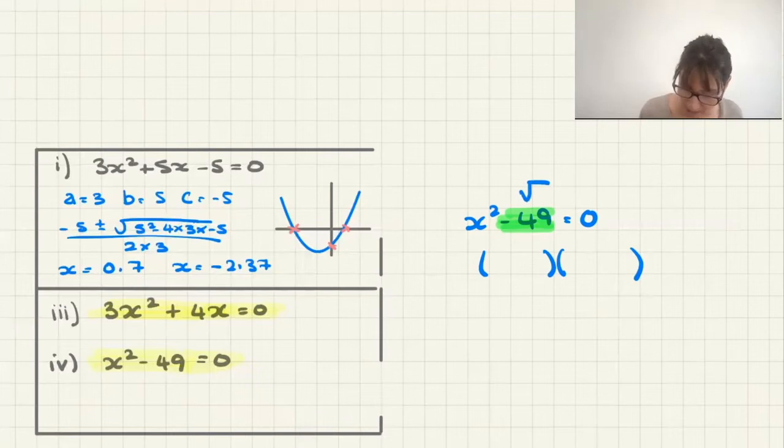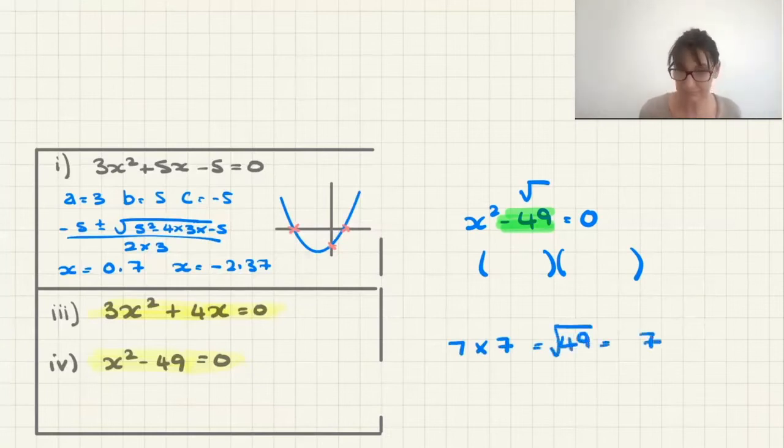Now, when I think about making that 49, 7 times 7 is 49. And if I square root 49, it's 7. That's what I understand about my squaring and my square rooting. But look at this. Minus 7 times minus 7 will also equal 49.